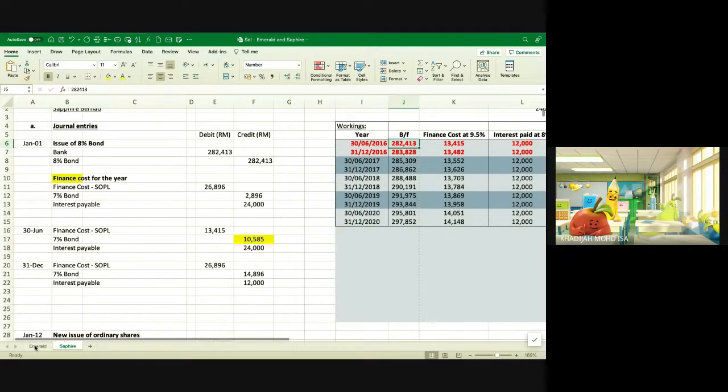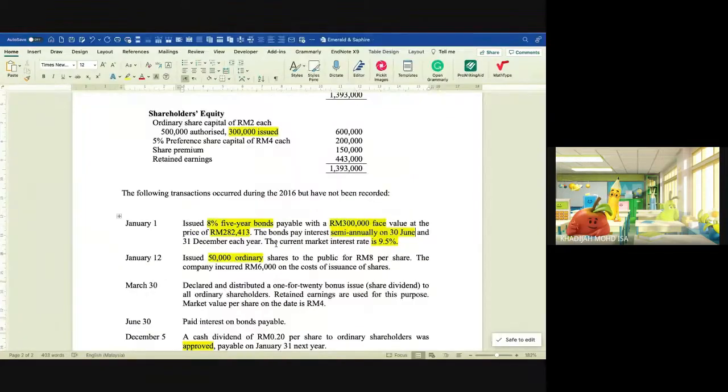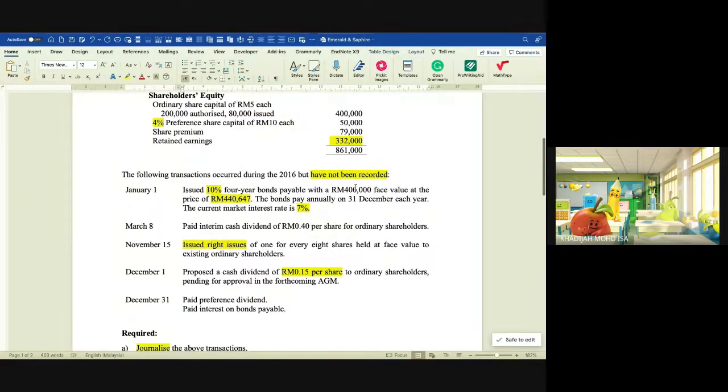In the first example, the bond was issued at a premium. Remember, the 400,000, but what you get is 440,000, means that the bond was issued at a premium.